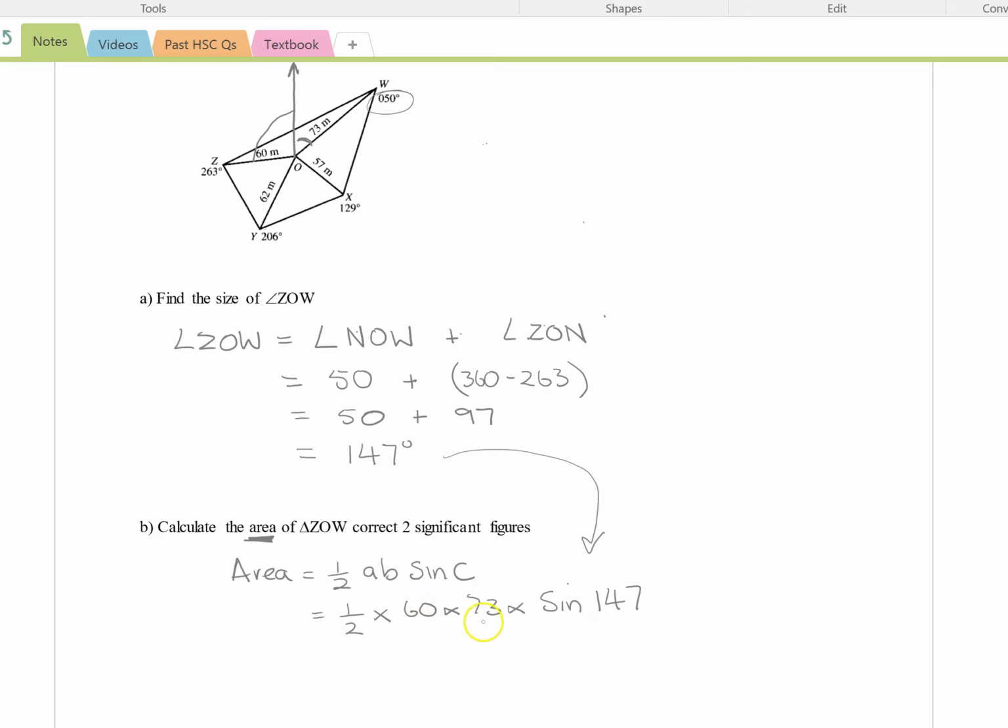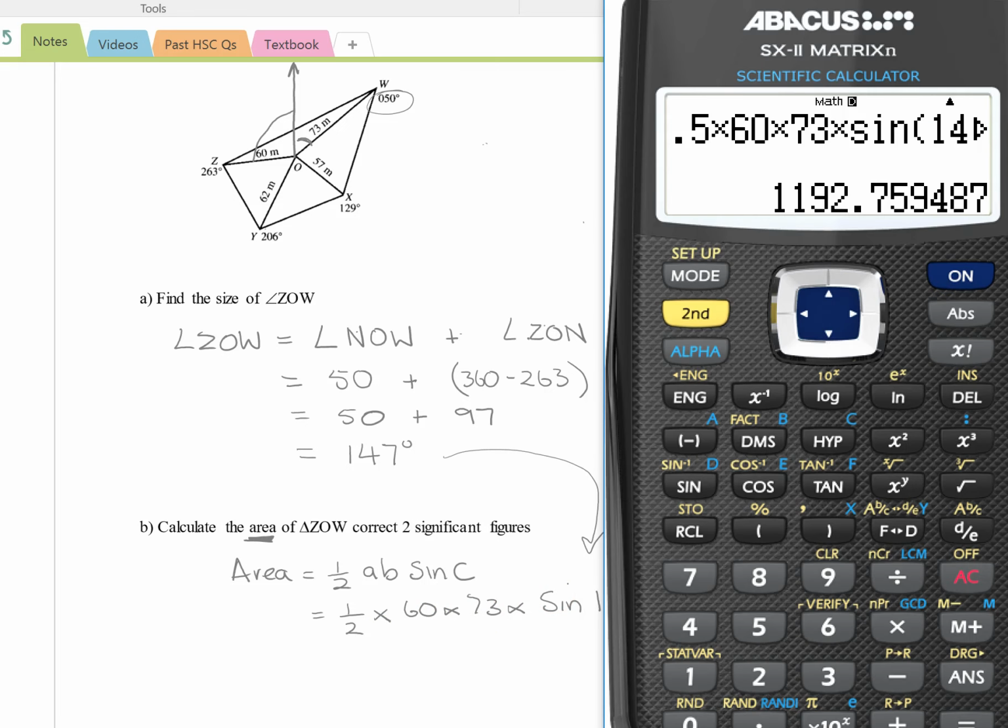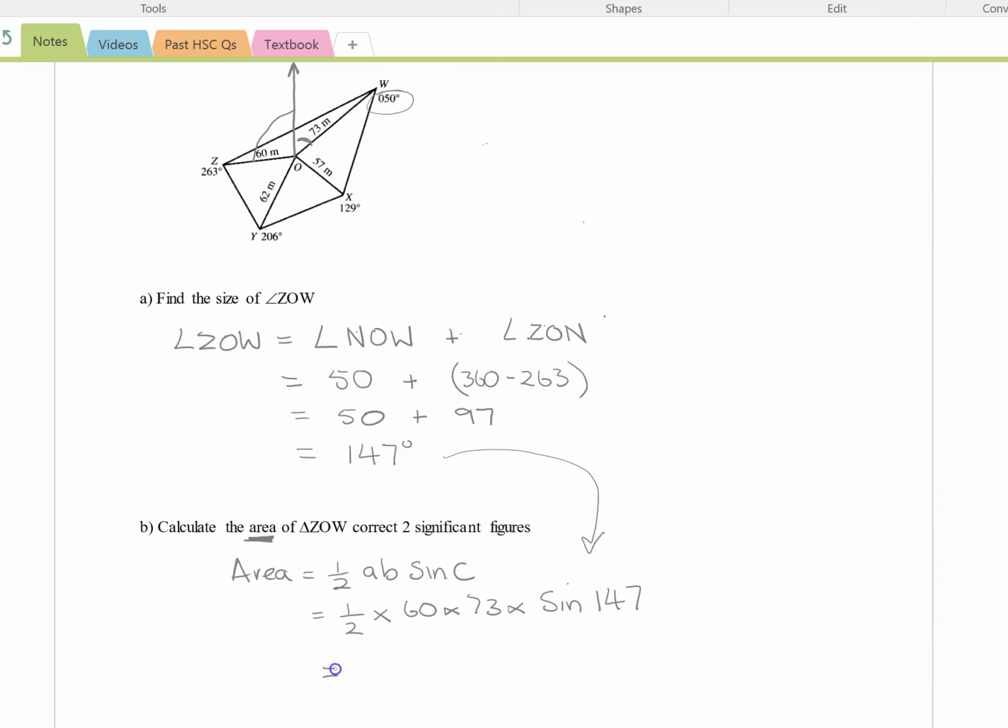So it's a half times 60 times 73 times sine 147, which is 1192.8. But the question says to round correct to 2 sig figs, which actually means we're going to cut off here.